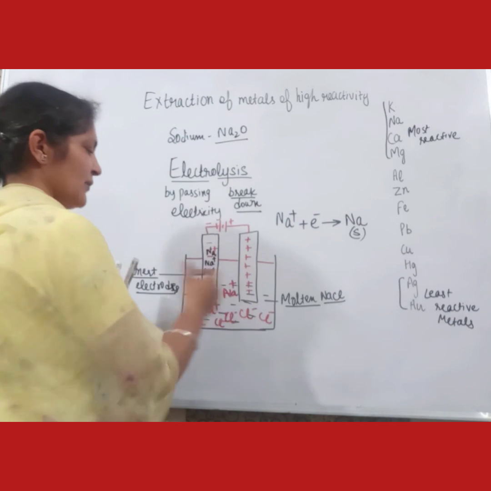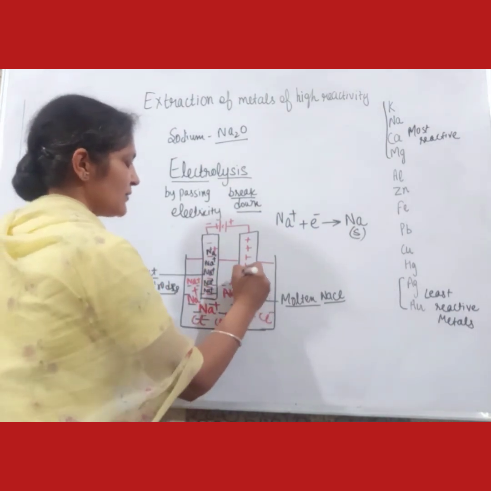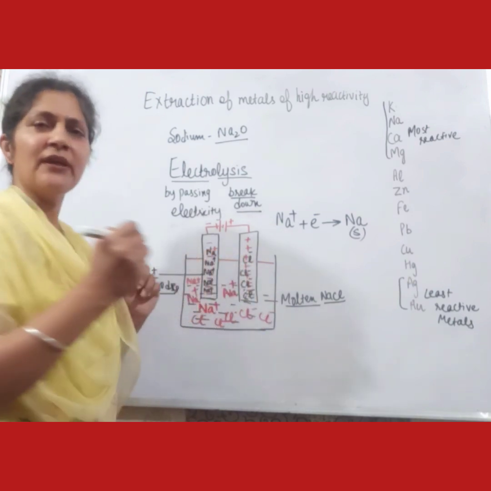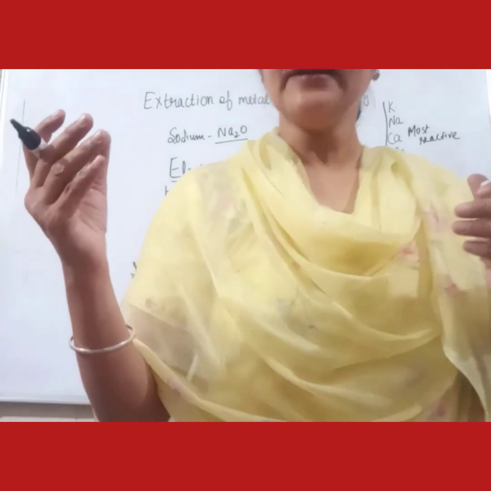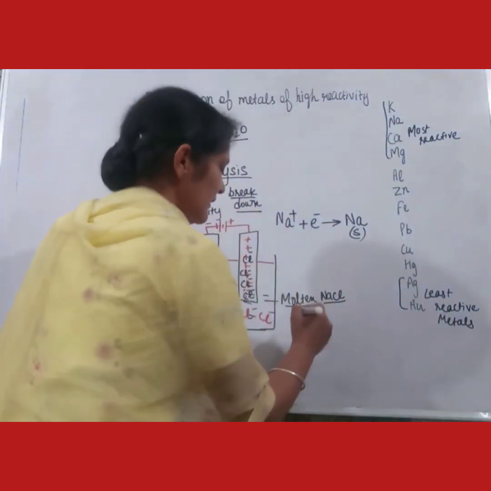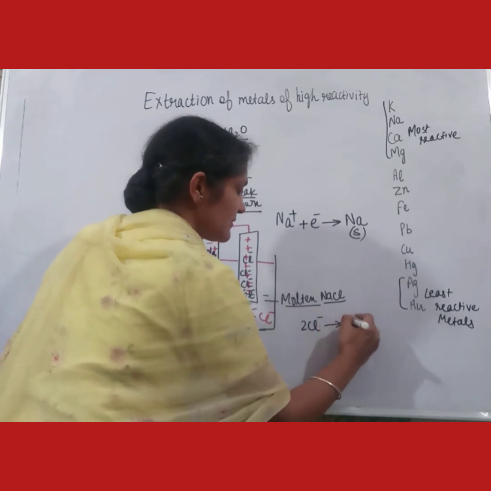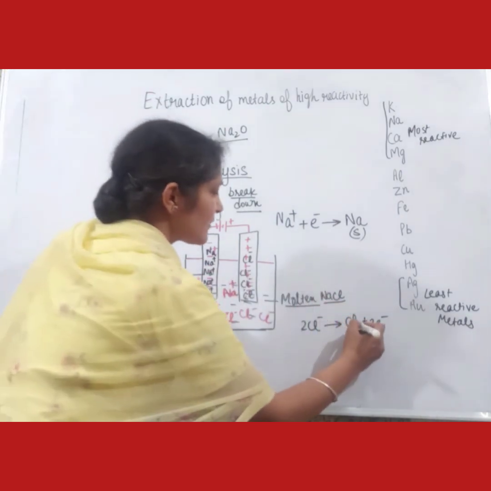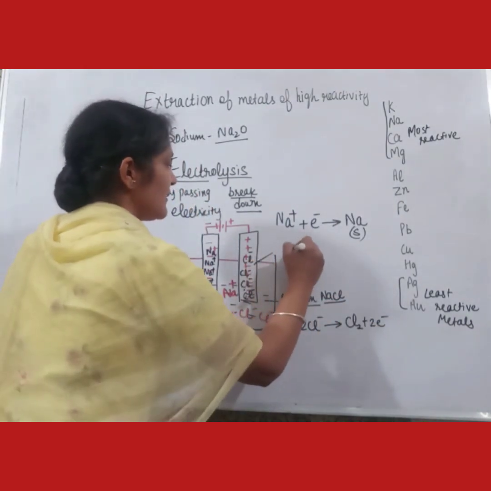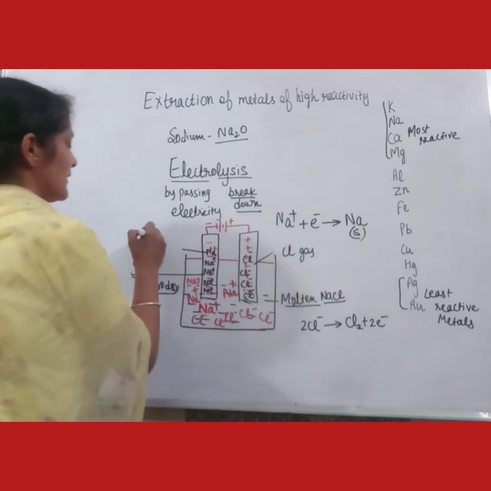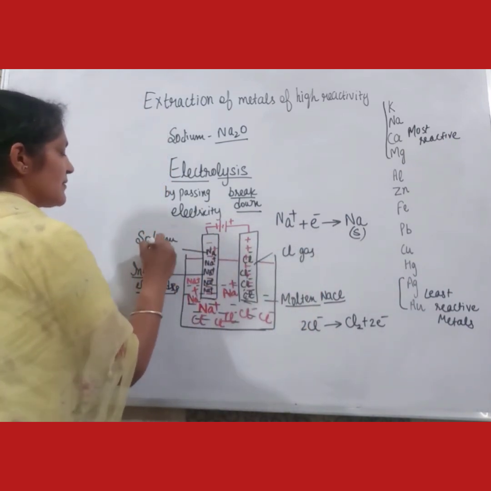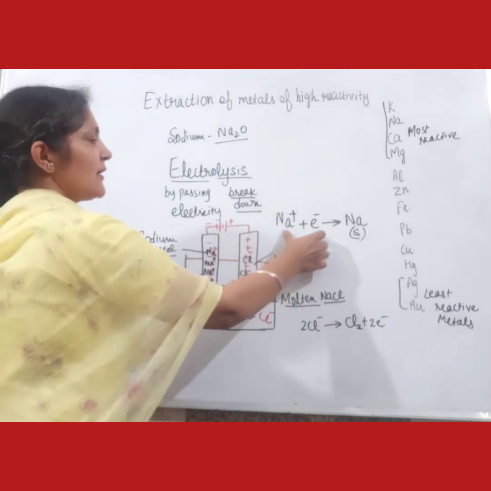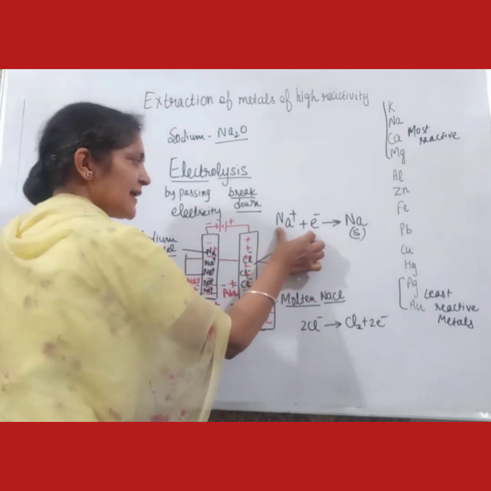And the chloride, which is negatively charged, will go to the positive electrode and form chlorine. It will become chlorine gas, and here we will get sodium metal.